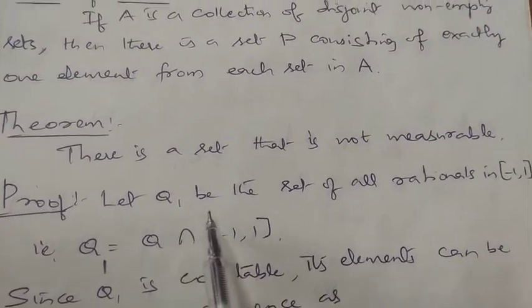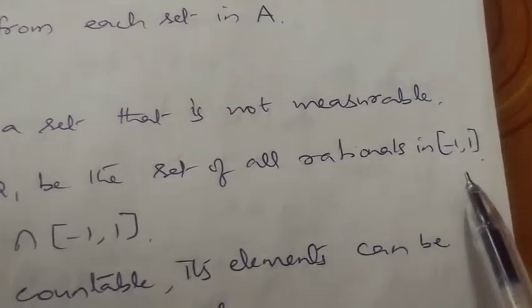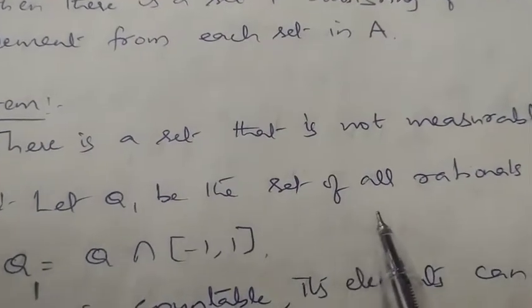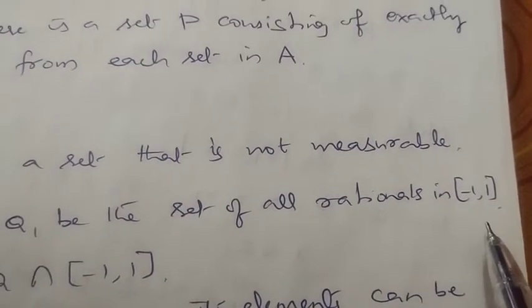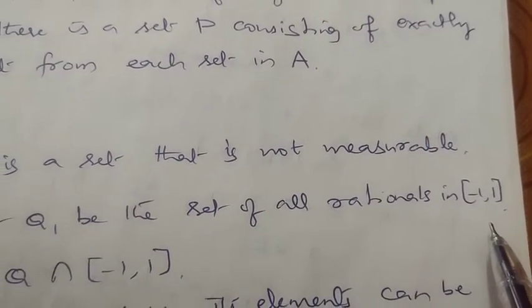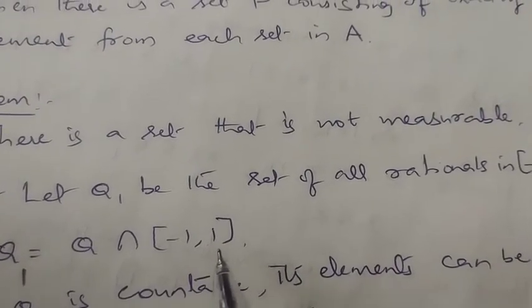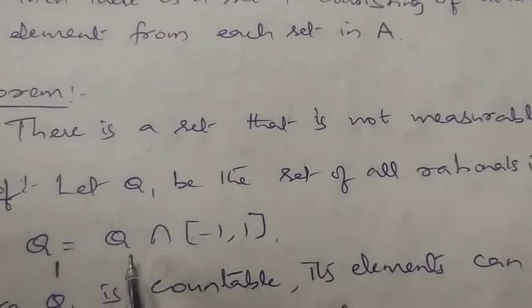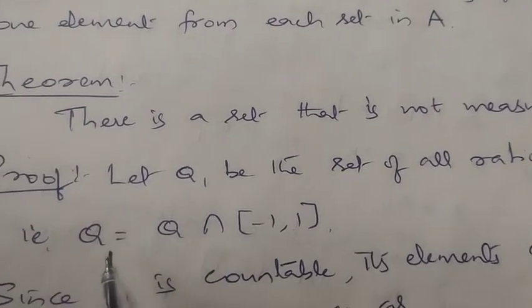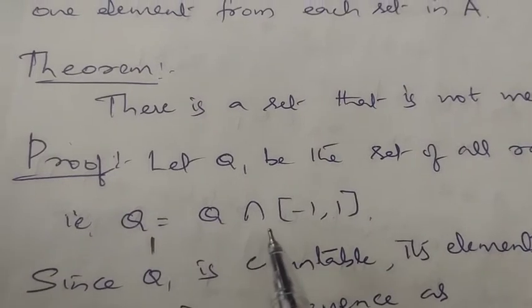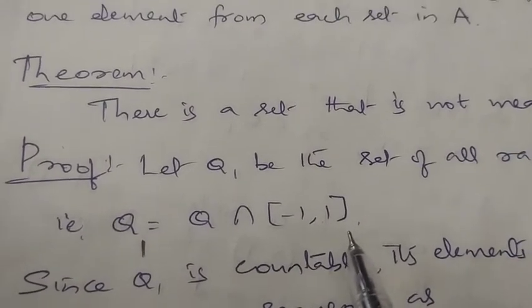Let Q1 be the set of all rationals in the interval -1 to 1. To extract them, we take the intersection of the interval -1 to 1 with the rationals Q, so Q1 is equal to Q intersection [-1, 1].